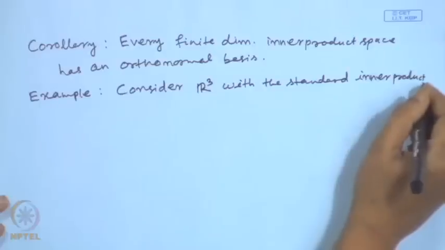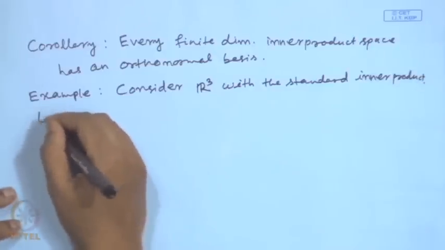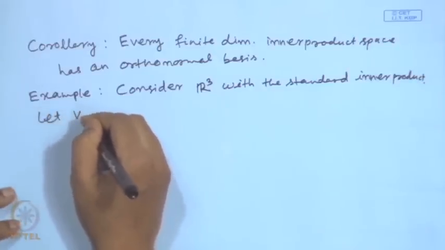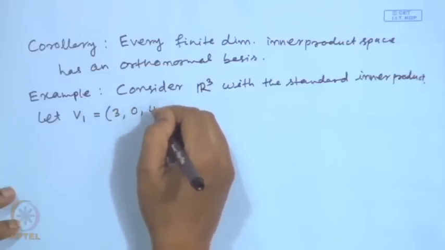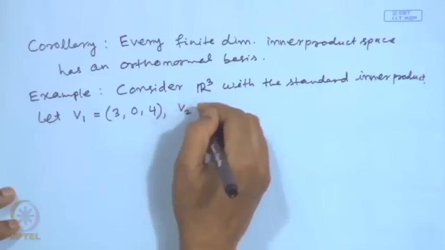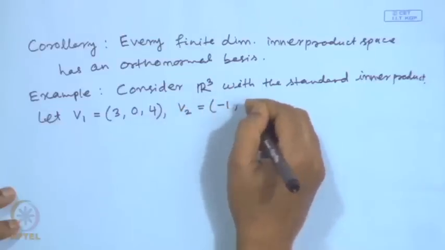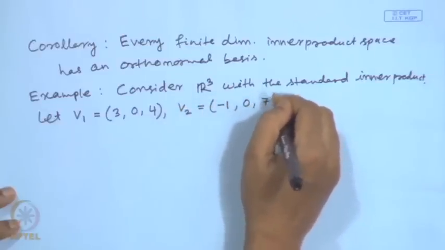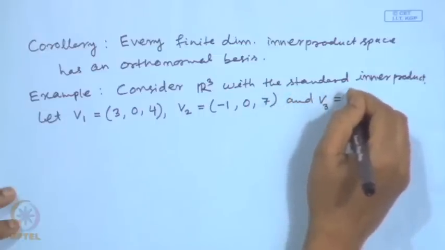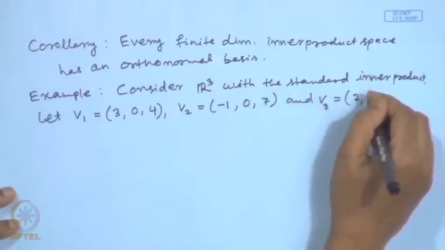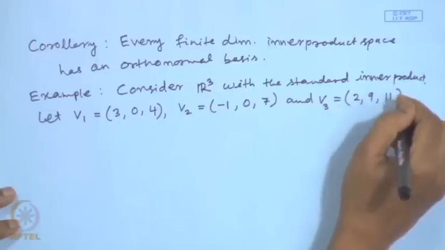Let V1 be the vector in R3 (3, 0, 4), V2 be the vector (-1, 0, 7) and V3 be the vector (2, 9, 11).